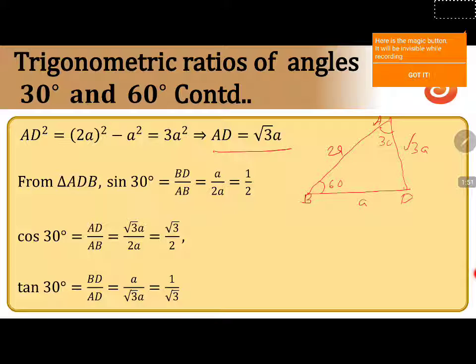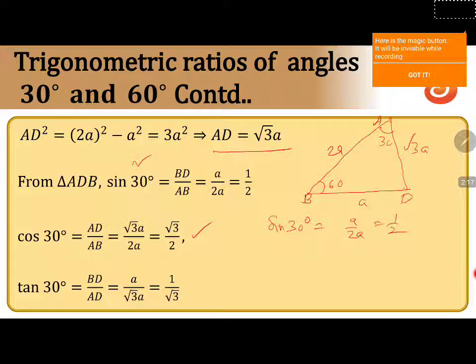It is so simple that sine 30 degrees, opposite side by hypotenuse, is a by 2a, 1 by 2. Similarly, cos 30 degrees is AD by AB, so you get root 3 by 2.